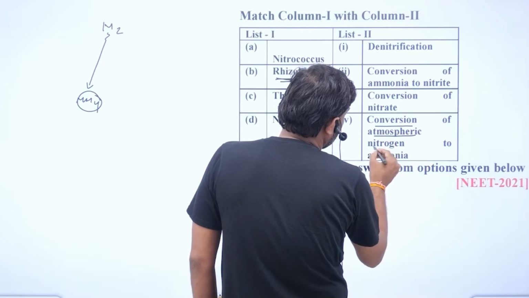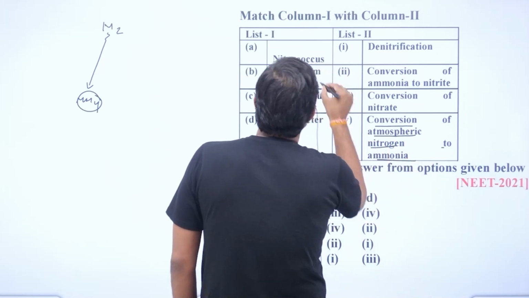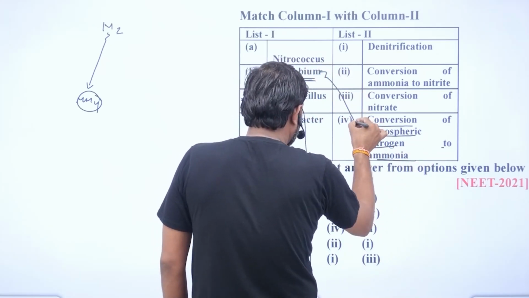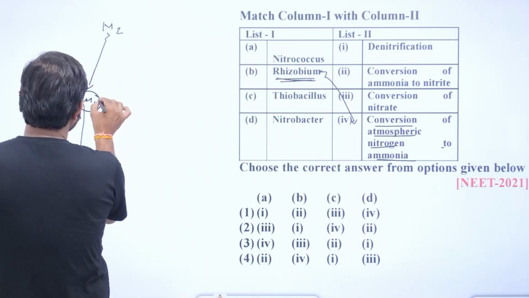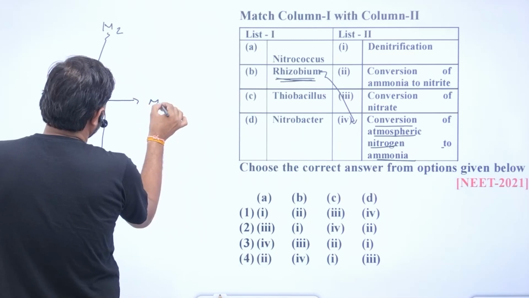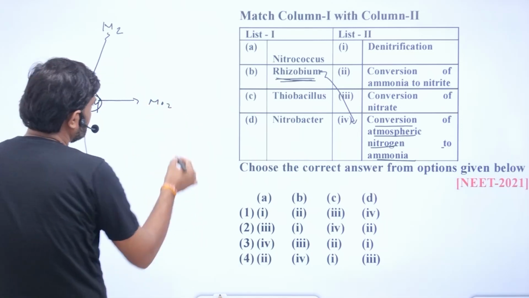Conversion of atmospheric nitrogen to ammonium, means B is for Rhizobium. And ammonium ions convert to nitrite and then nitrite to nitrate ions.